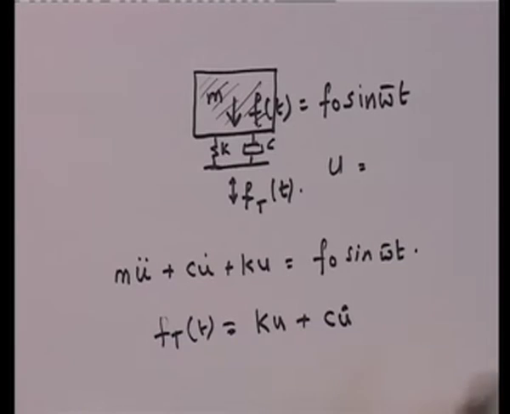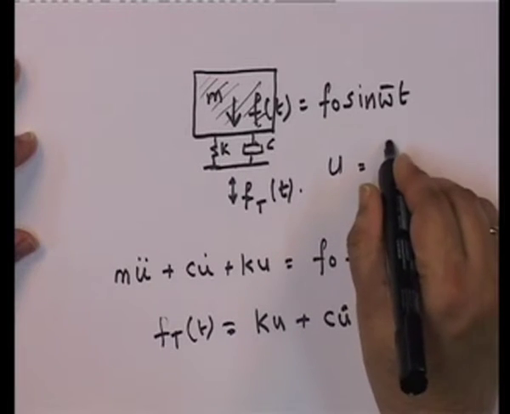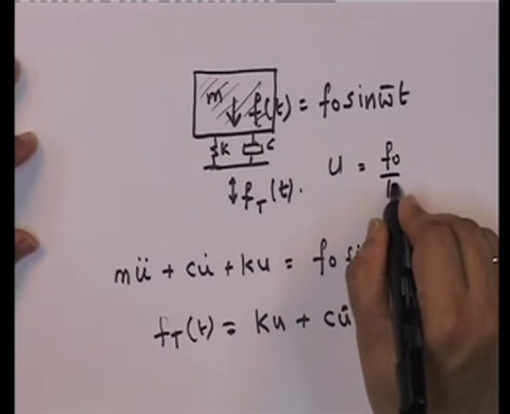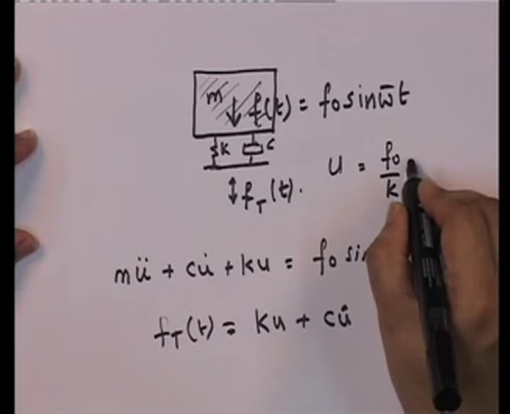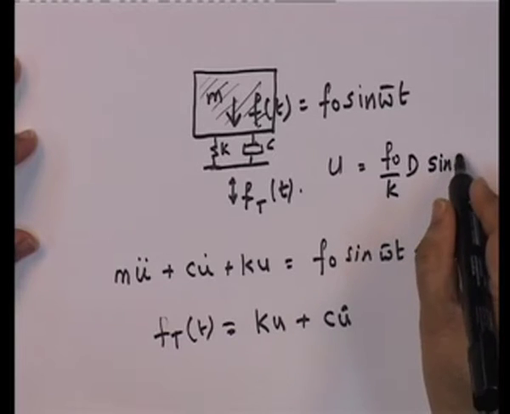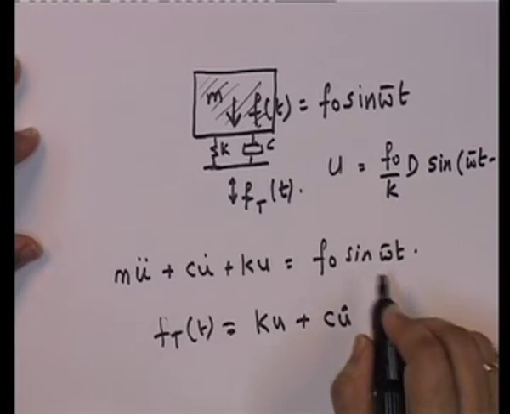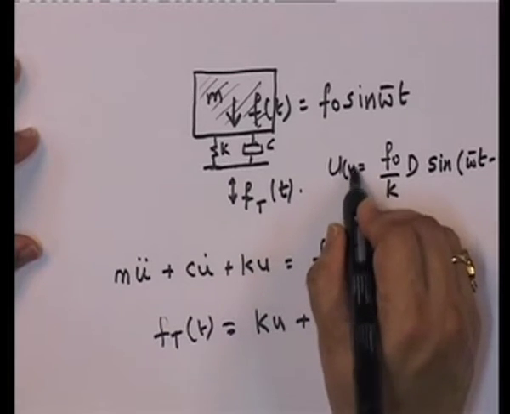If there are no initial conditions, in other words, this load has been there for all times, then the response is only the steady state, and the steady state response becomes F0 upon k into D sine omega bar t minus theta. That is my u of t.